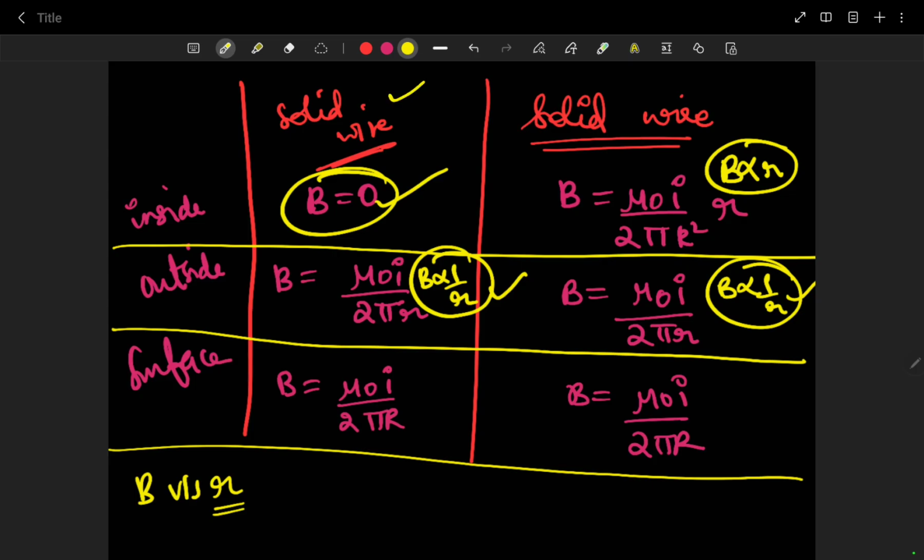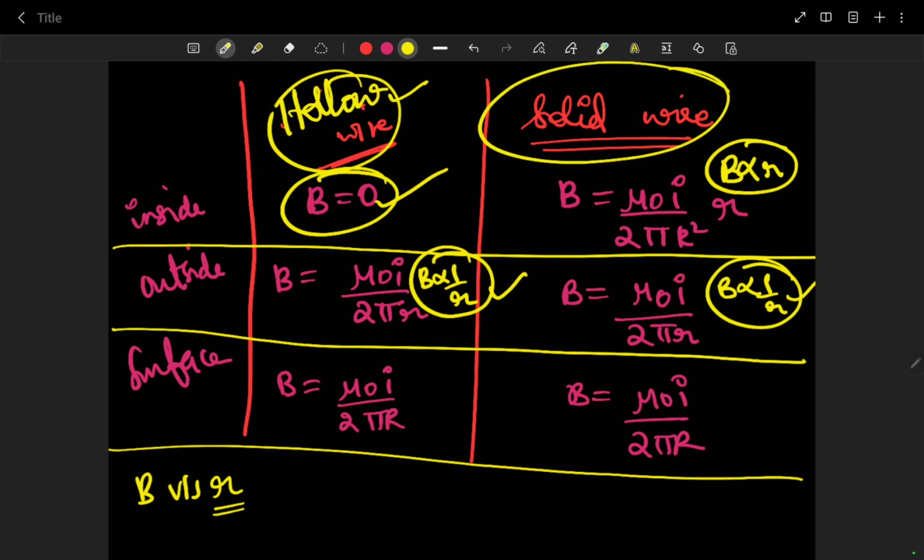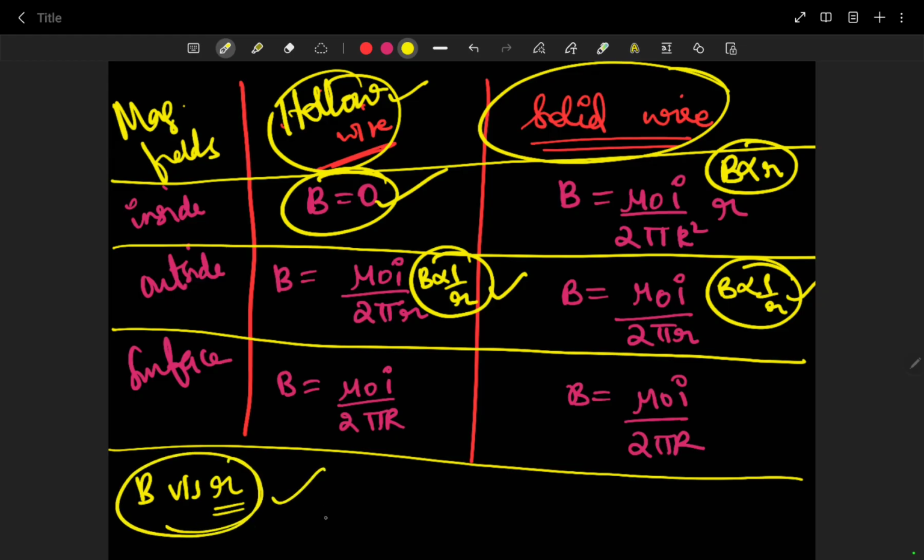So this is the discussion for hollow and solid wire, and we have discussed magnetic fields. You can take this in your notes. All these expressions should be with you, and we've also drawn these two graphs for the analysis we have discussed so far.